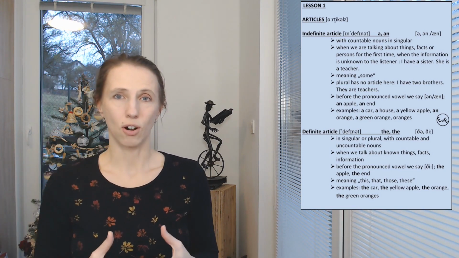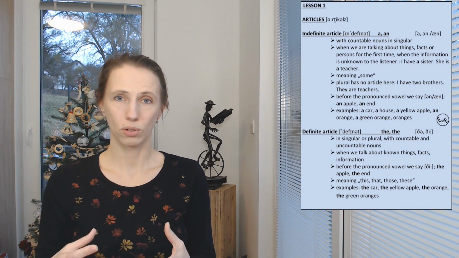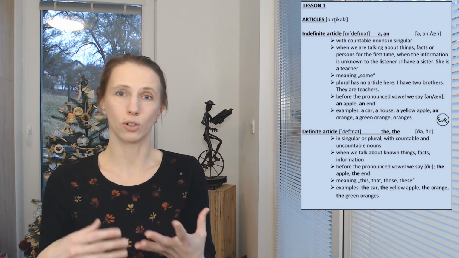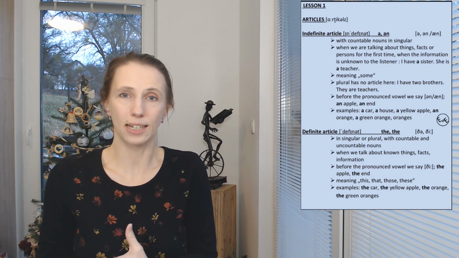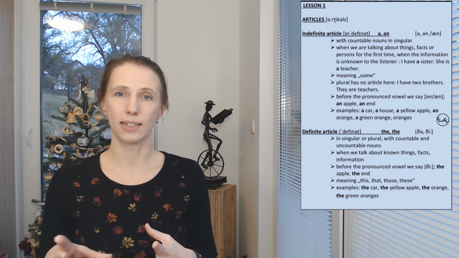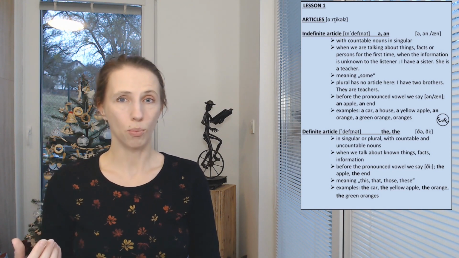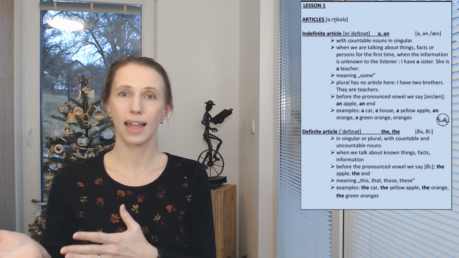The definite article is used when we talk about something known to the listener, or we are talking about something for the second time. It means something like this or that, and it is the or thee before the pronounced vowel.